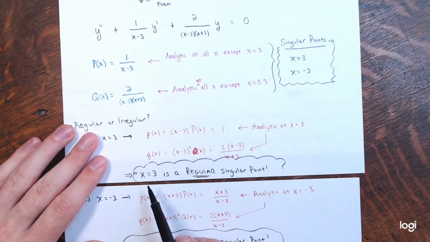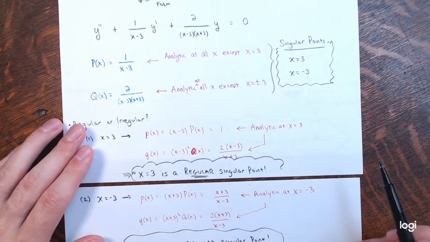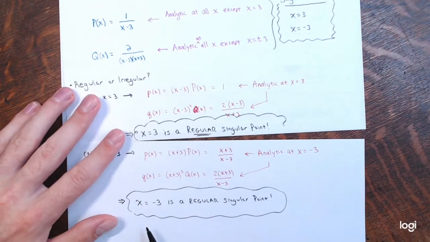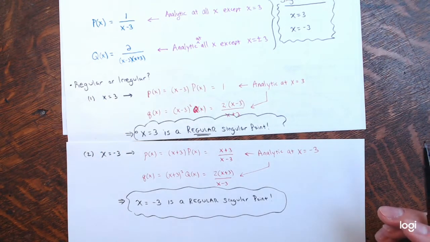X equals 3 would be an irregular singular point. -3, I think, would still be a regular singular point, but I would leave that to you. Just know that powers and whatnot will definitely have an effect on what singular points are regular and irregular.